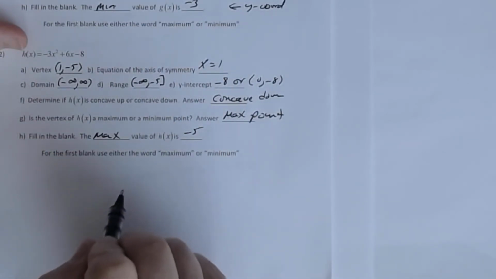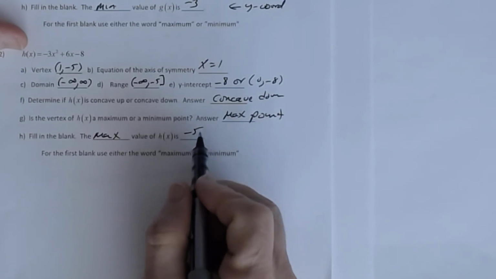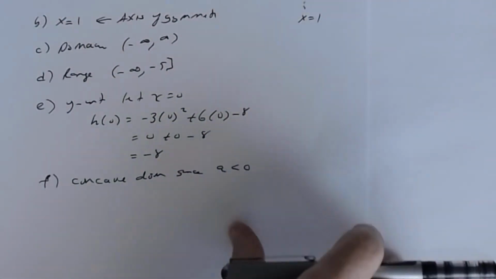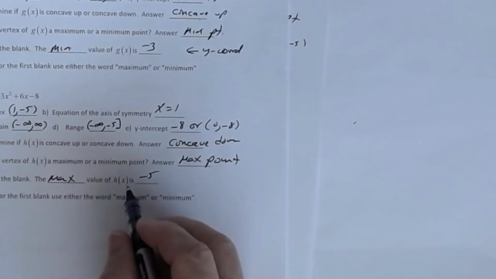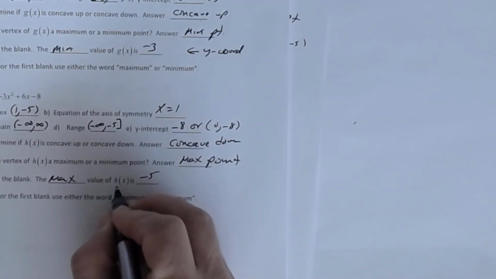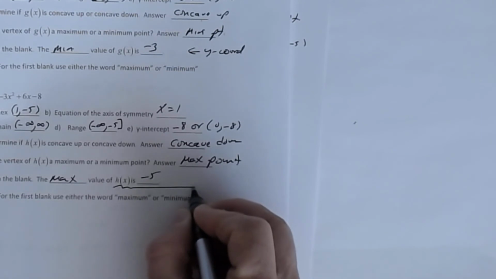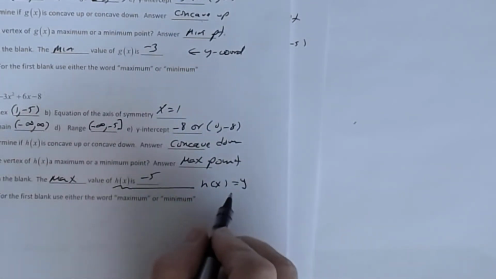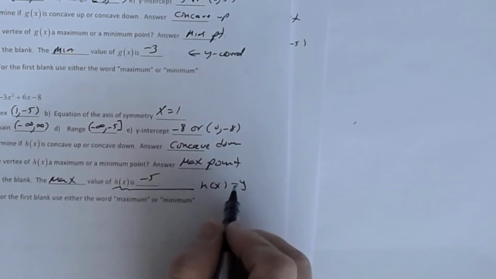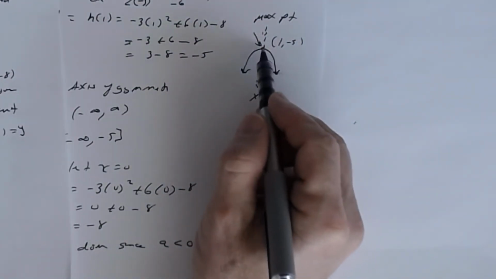All right. Okay, now remember, don't put the point. And it's important. Remember, when they ask for the value of h of x, h of x is y. So when they're asking for that maximum value, they want to know what's the maximum value of y. Well, the maximum value of y is negative 5.